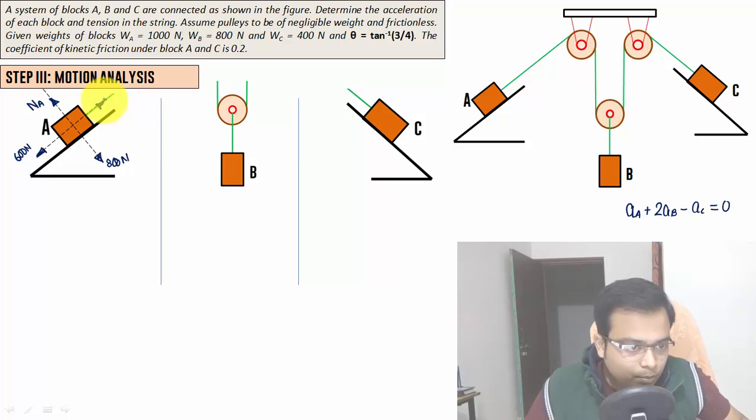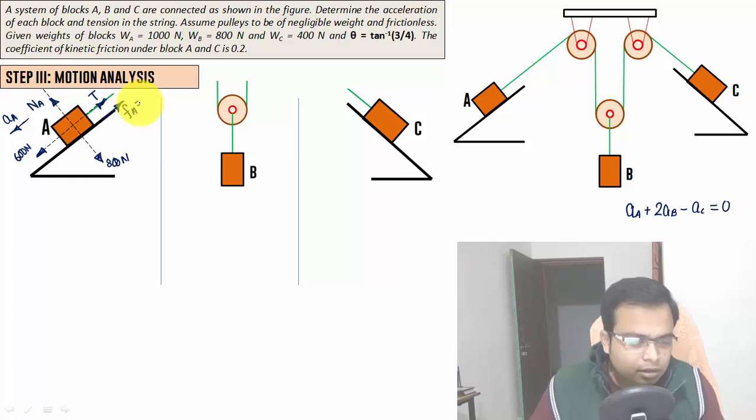So when the blocks are moving, tension, let's assume it to be T. And since this block is going to go downwards, down the plane with an acceleration AA, let's say, so the friction will act along this direction. Let's say that friction at block A is equal to how much?